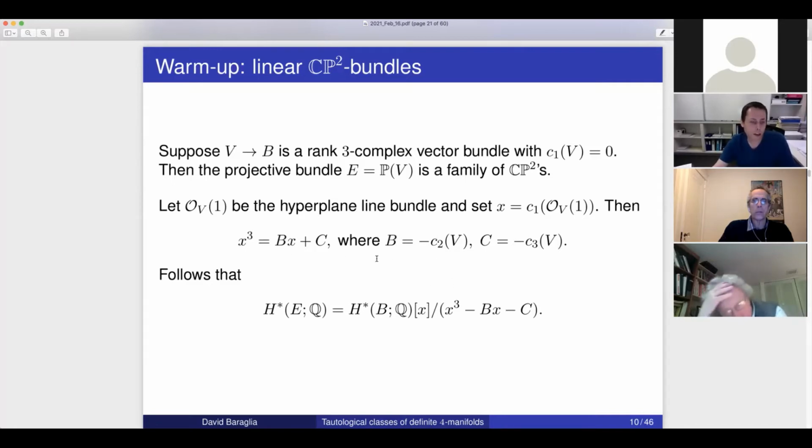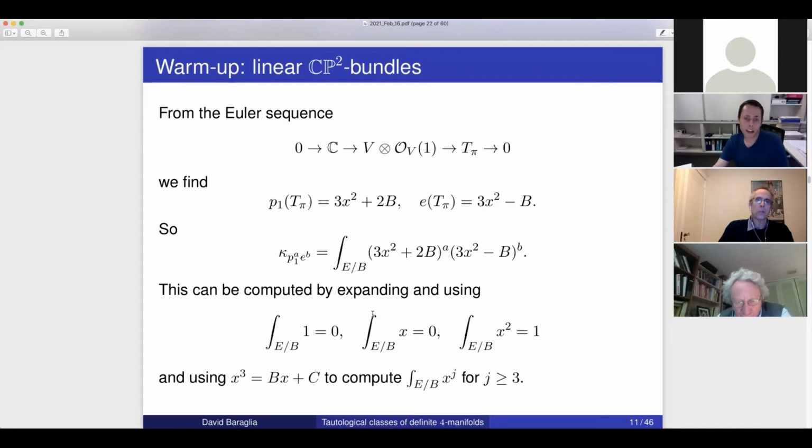So basically, what you conclude is that the cohomology of such a family is: take polynomials in X with coefficients in the cohomology of the base, and then divide out by this cubic equation. And the next thing we have to do is compute the Pontryagin class and the Euler class.